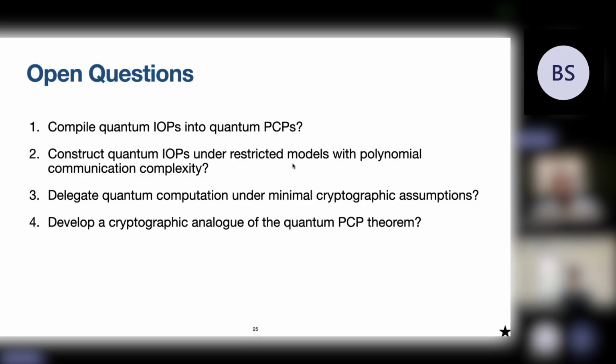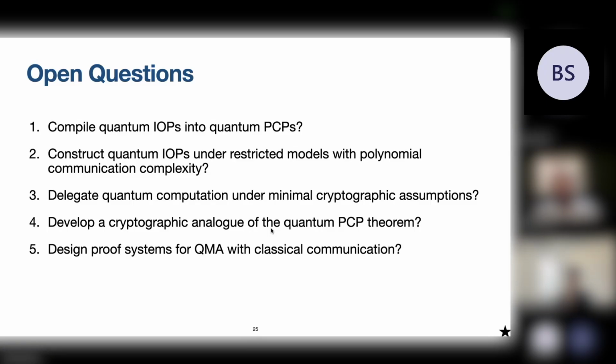It doesn't have the proof. Instead of a proof, it's an argument. It only has one message, and instead of information theoretic, it becomes computation theoretic. And then you can think about, can you design a proof system for QMA with classical communication?